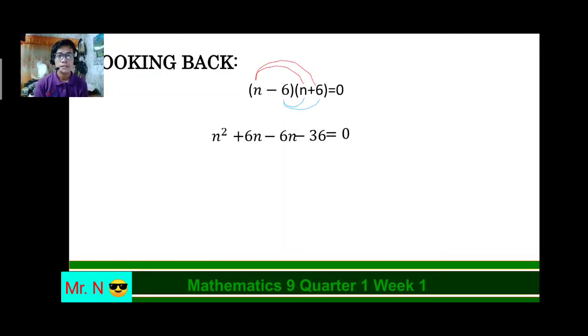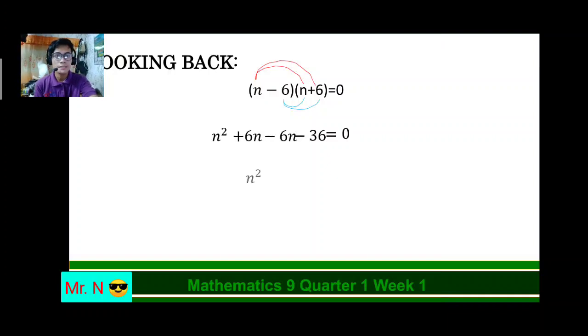Combining like terms. When you say like terms, the variables and exponents of those terms are the same. So we have here 6n and negative 6n. As you can see, they both have variable n with the same exponent of 1, so we should combine them. 6n minus 6n is 0.